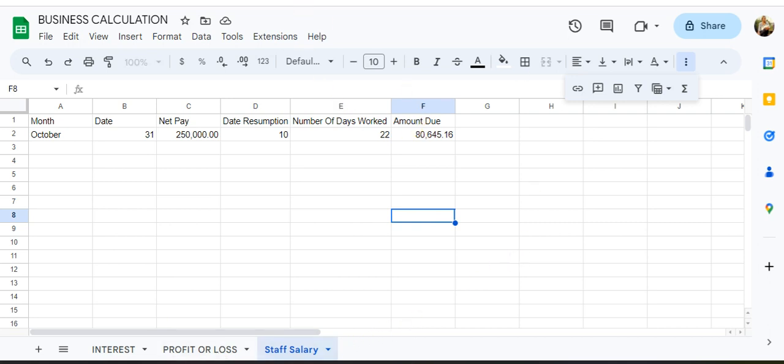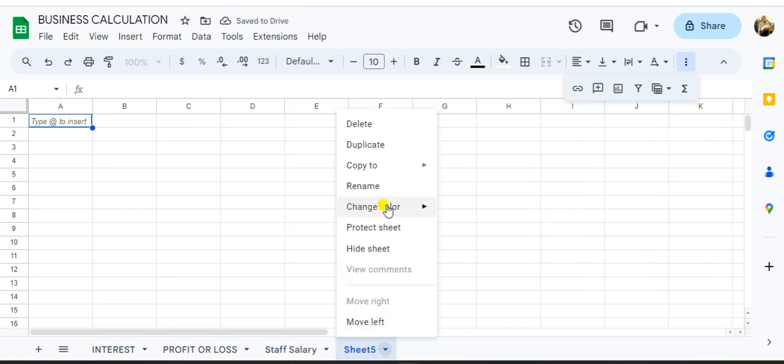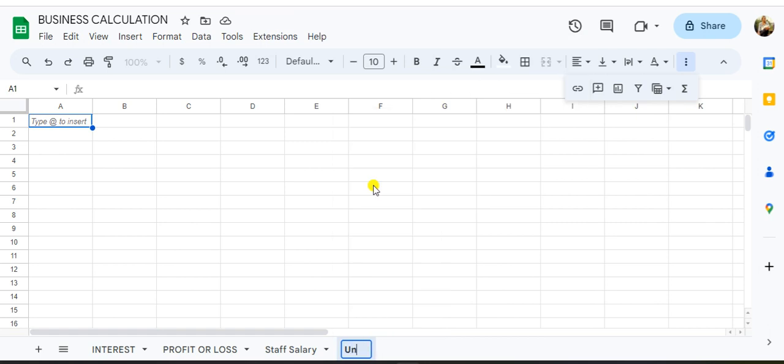Okay guys, the next one we are calculating now is called unit of measure. So let us rename here: unit of measure. Okay, let's say we bought a perfume, a carton of perfume that has about 100 bottles inside. Let's say products. All right, amount, one carton, how much did it cost us?